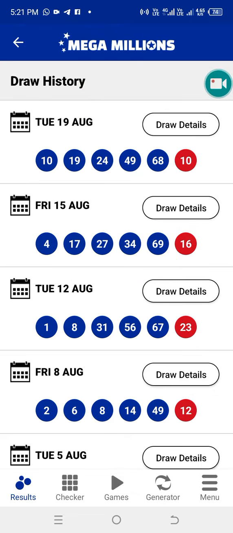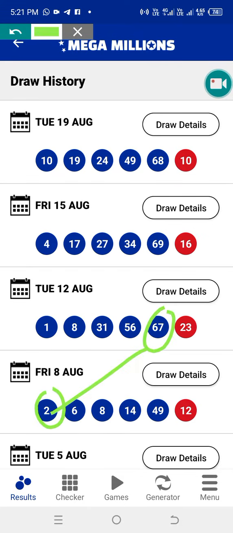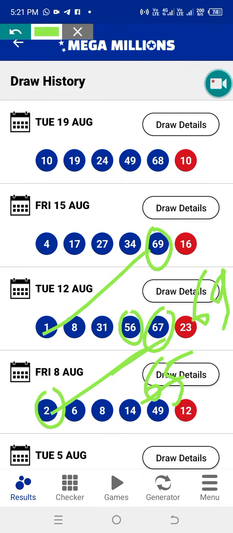And this is Mega Millions. The other strategy is you do minus, which is 65, and you do plus, which is 69. Since the 65 is here as 56, 69 played. Here we have 70 or 68, 68 played.